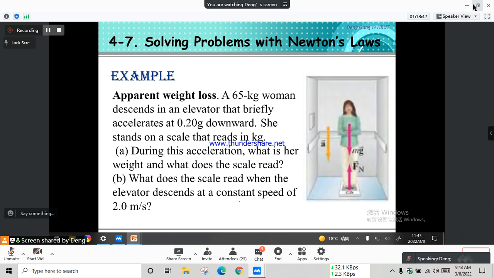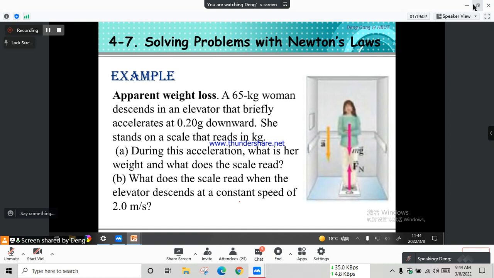you apply a force on the surface, right? And you just give a pressure on this scale, and the pressure on this scale, according to Newton's third law, should equal this Fn, the normal force on you.